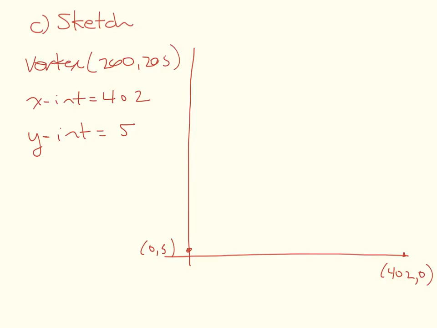And our vertex is at (200, 205). We can put the vertex there and then use a smooth curve to join those points together. Okay, and that's a sketch, again, a very rough sketch of the flight of that arrow. And that's it for this one.